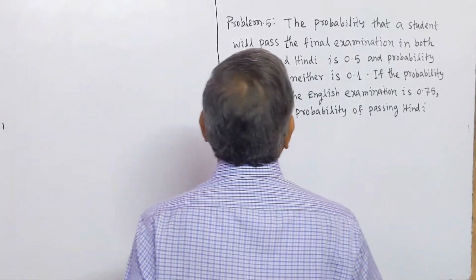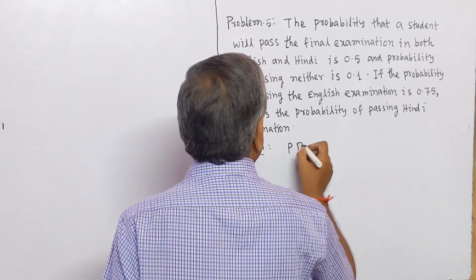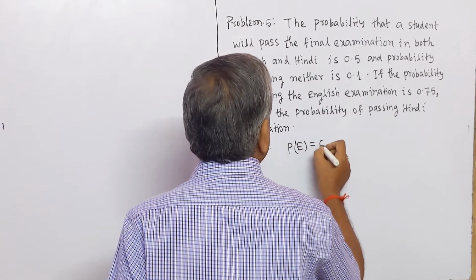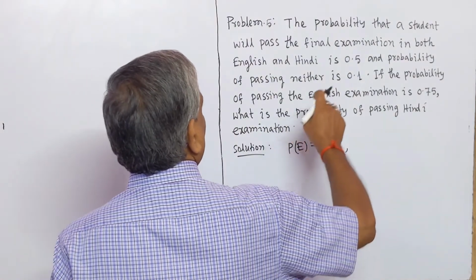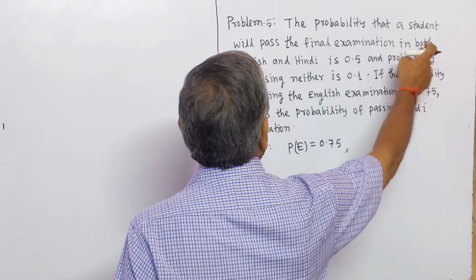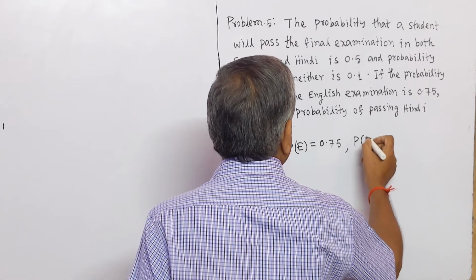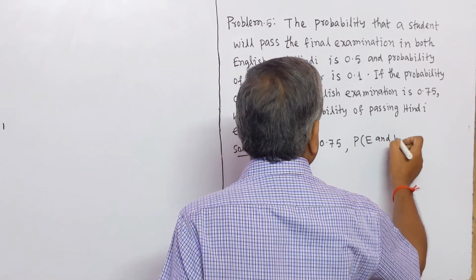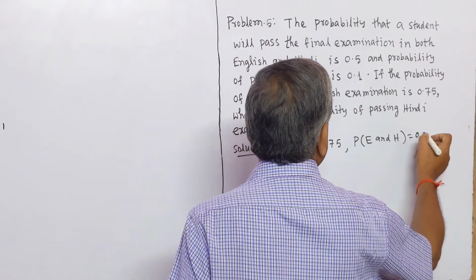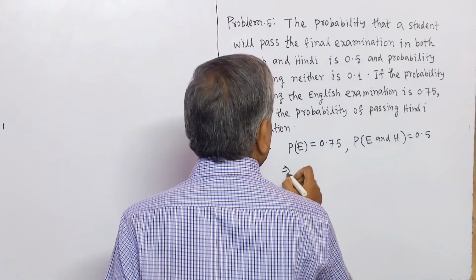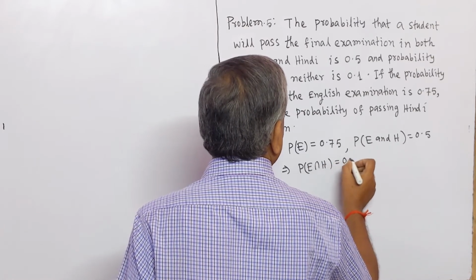Here given that the probability for passing the English examination, P(E), is 0.75. Here the probability for both English and Hindi, E and H, is equal to 0.5, which implies that P(E intersect H) equals 0.5.